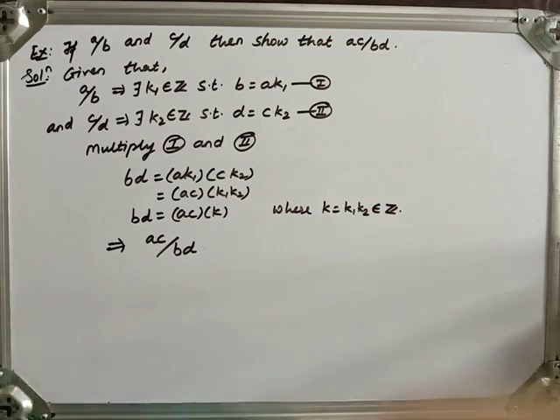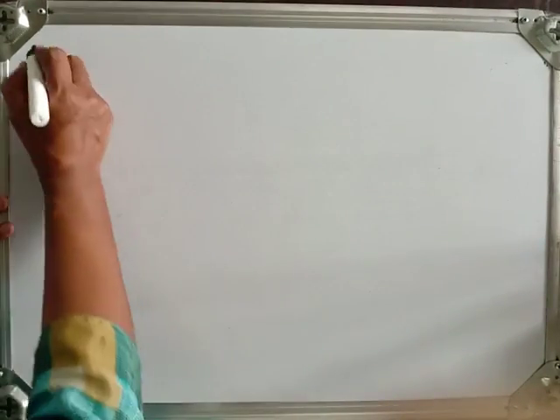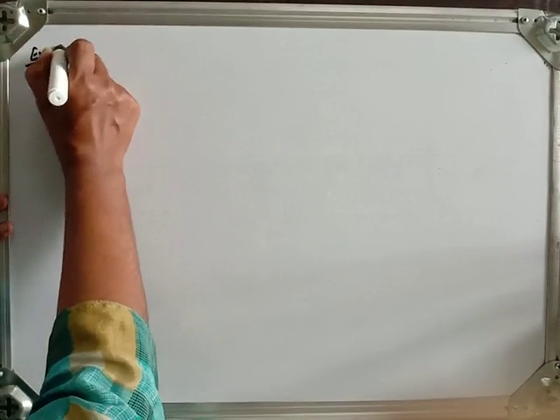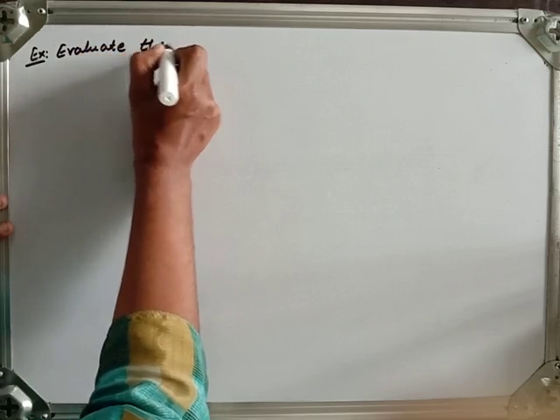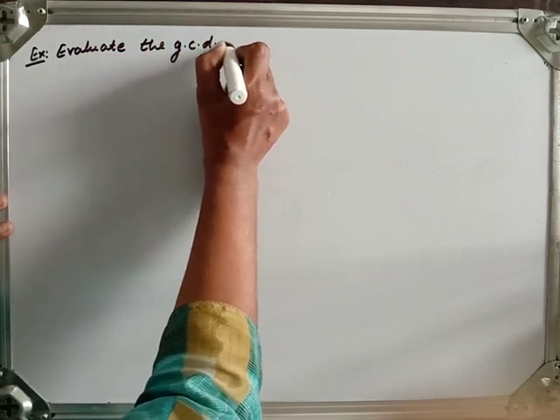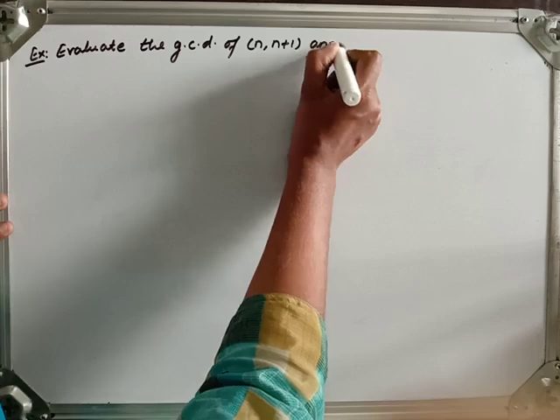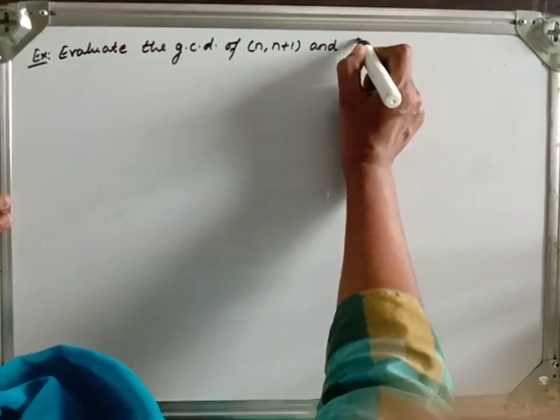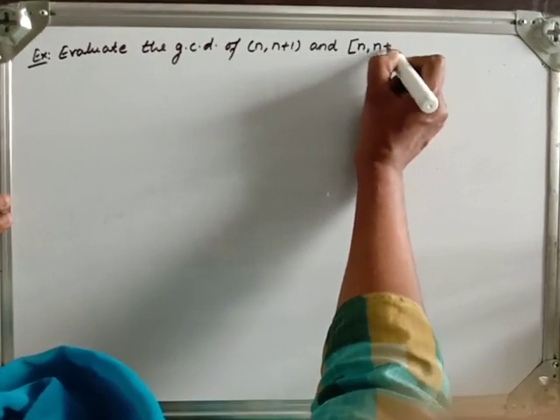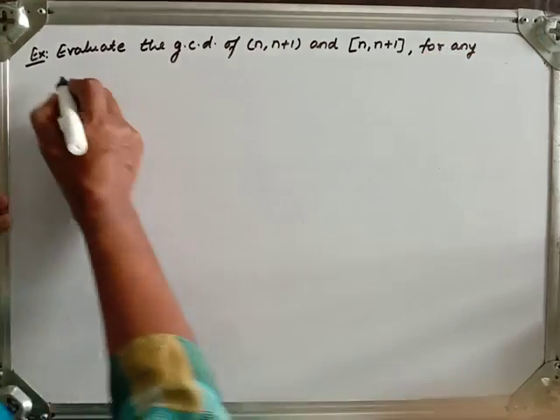Now the next example is that evaluate the GCD of n and n plus 1 and also LCM of n and n plus 1 for any positive integer n.